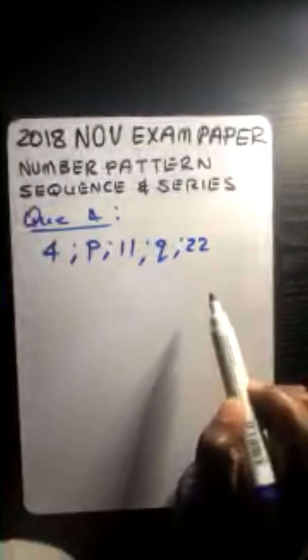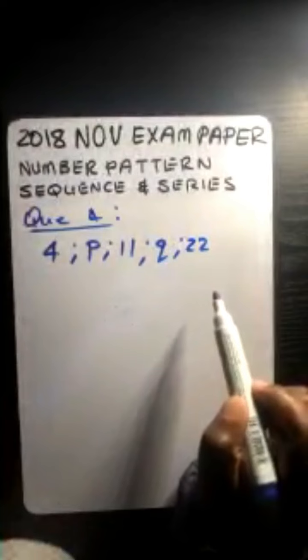So it says, given, let me just first write the question over there. We are now on question number 4, which says the quadratic number pattern of 4, p, 11, q, 22 has a constant second difference of 1.